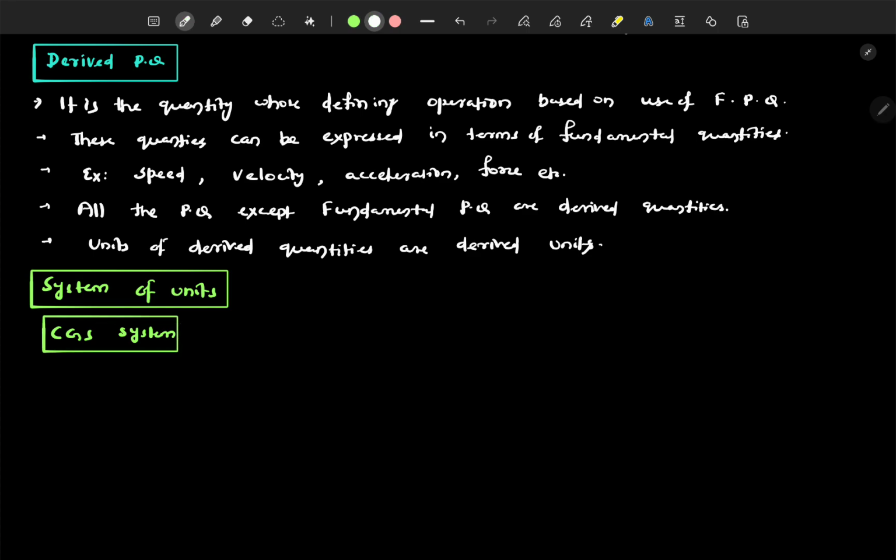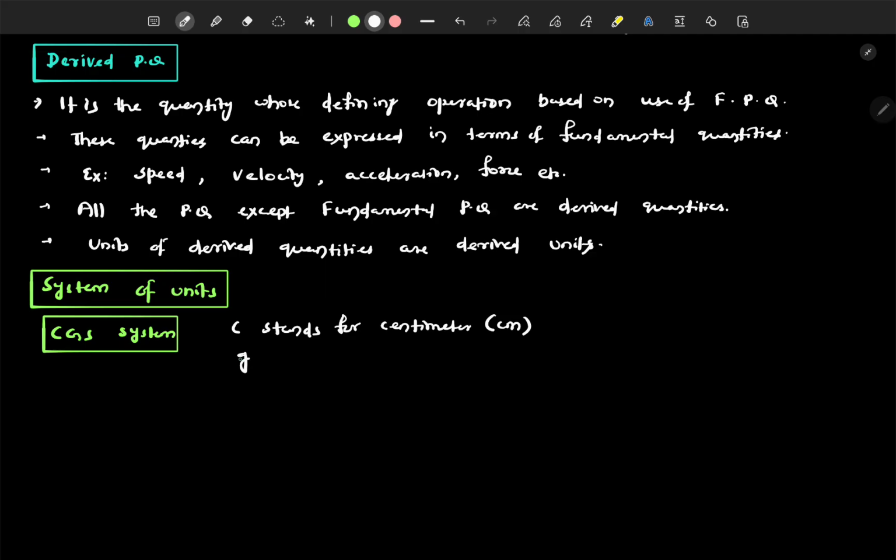In this system, C stands for centimeter, shortly represented by cm.